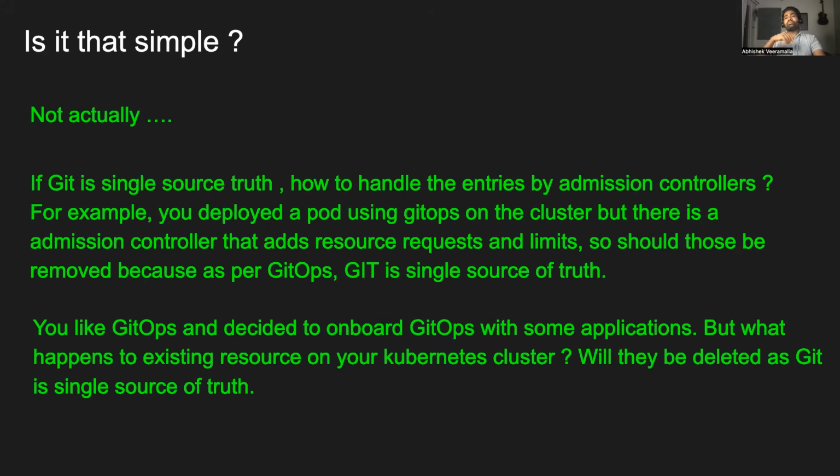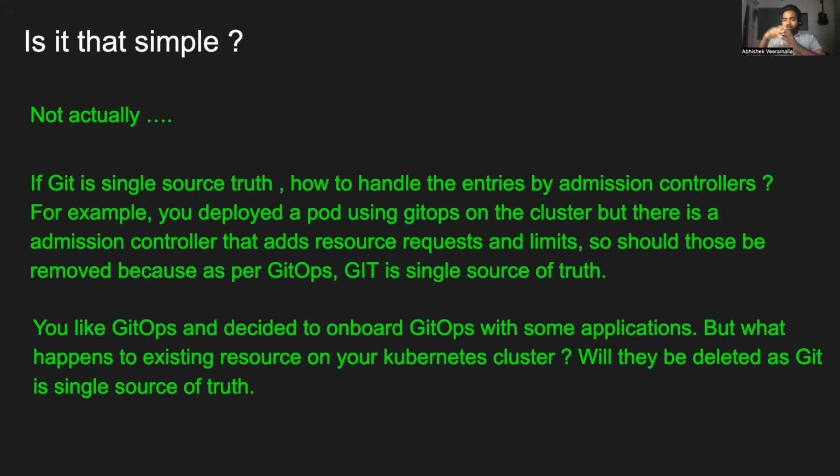For example, you keep saying that in GitOps, Git is a single source of truth. But now let's say I'm giving you a situation where you have pod.yaml in a Git repository, and the GitOps tool picks this and deploys it onto a Kubernetes cluster. Now, what if there is an admission controller that is adding resource requests and limits to these pods?